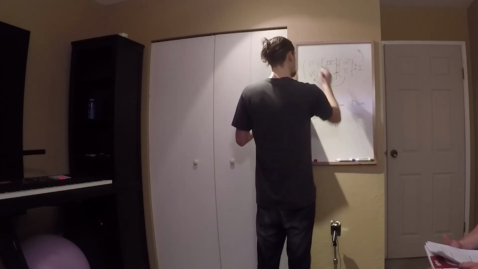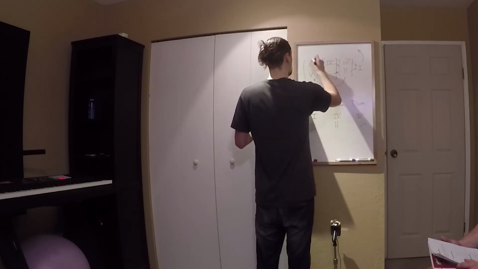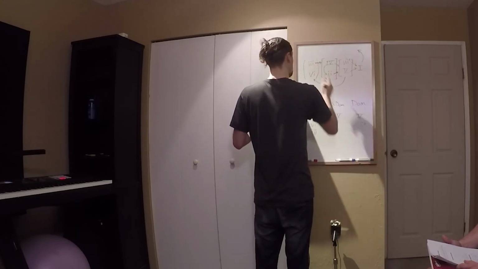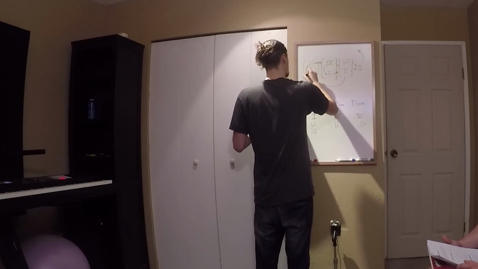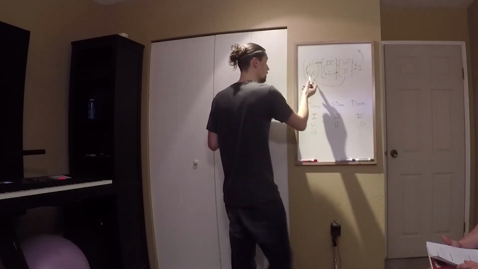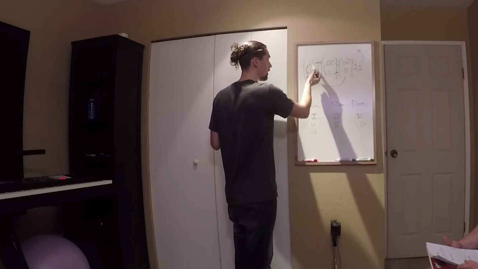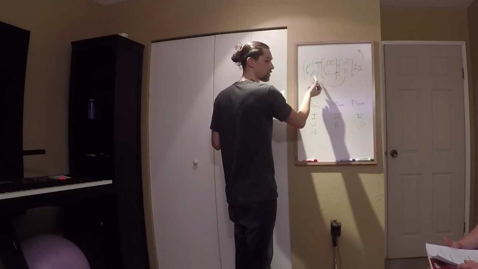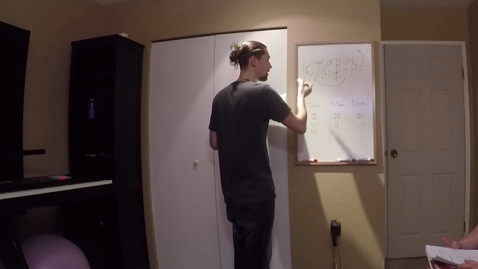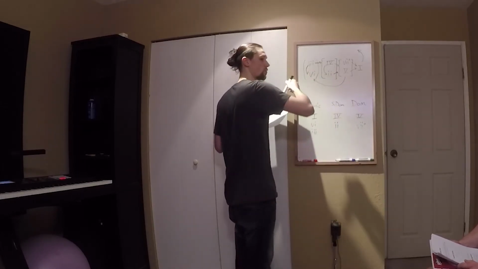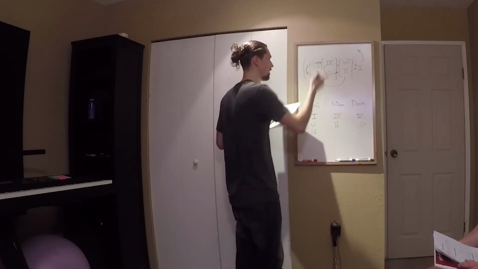And the 3 can go to the 4. The 3 also wants to go to the 6. And again, this is that dominant relationship we keep seeing. The 3 is a fifth above the 6. And anything that is a fifth above has a tendency to go down to that fifth, a descending fifth.